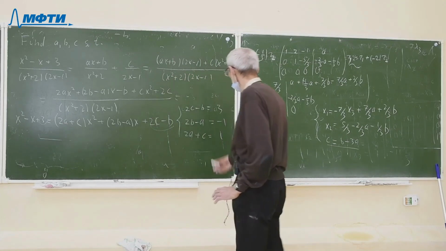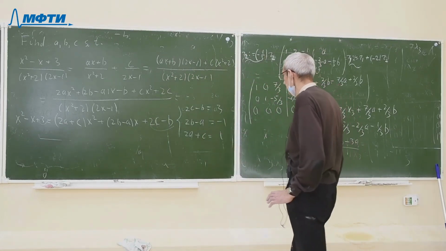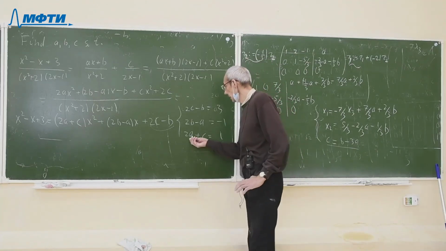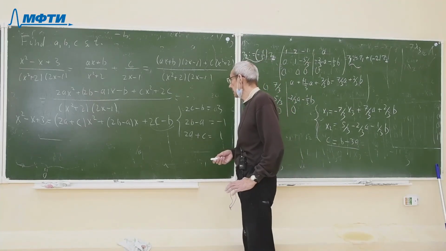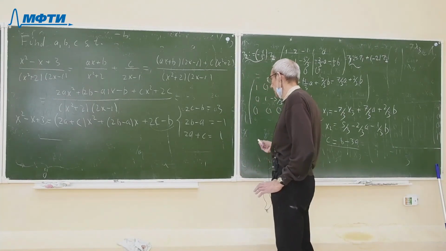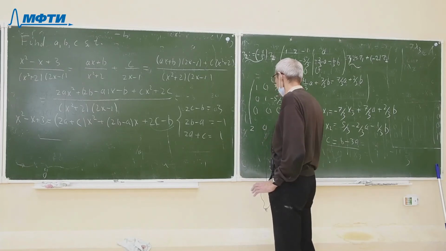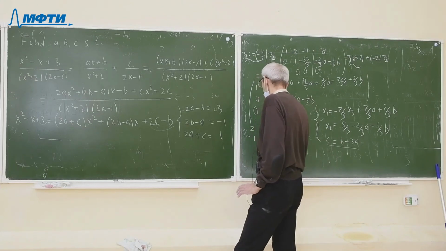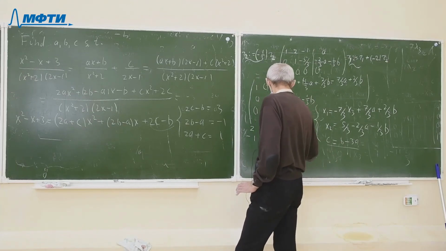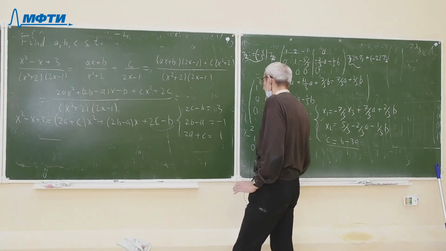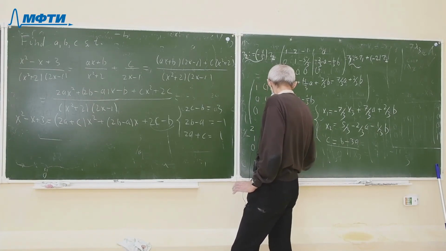And we obtain the following linear system, where a, b, and c are the unknowns. Namely, we have the following matrix: 2, 0, 1, minus 1, 2, 0, minus 1, 0, minus 1, 2, equal to 1, minus 1, 3.